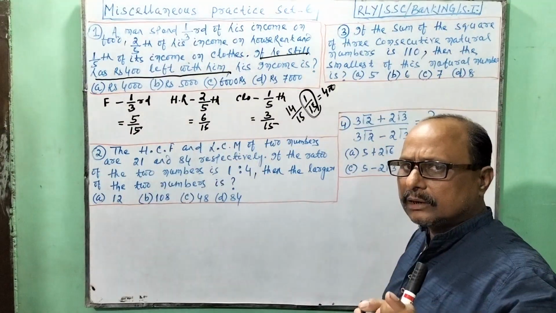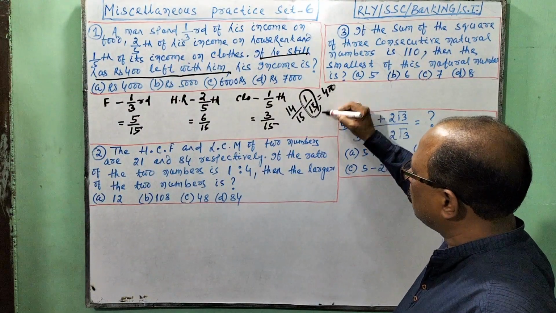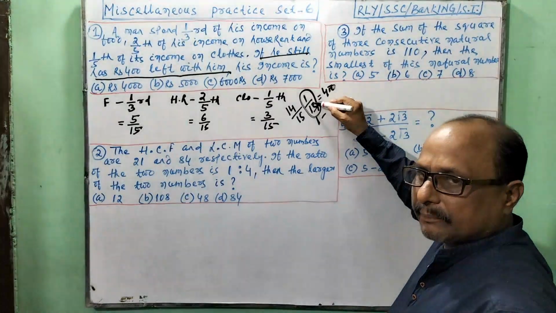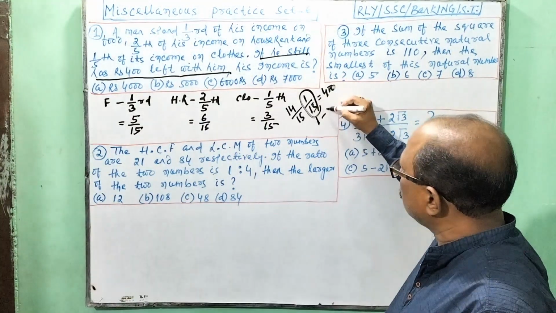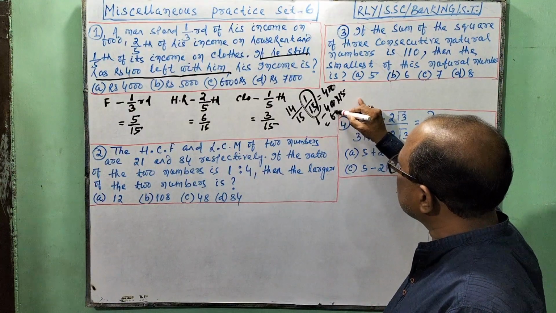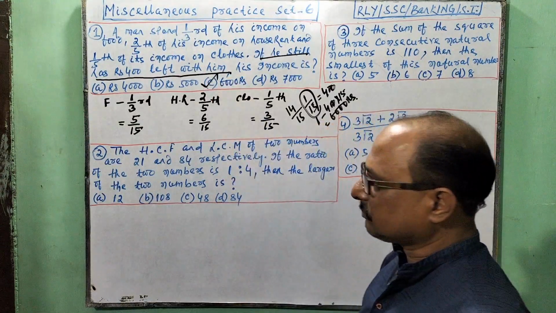So 1/15 part is 400 rupees, and 400 into 15 is equal to 6,000 rupees. So here is the answer.